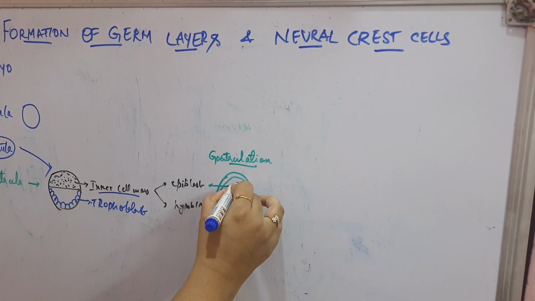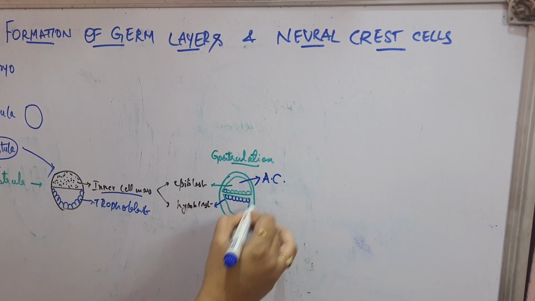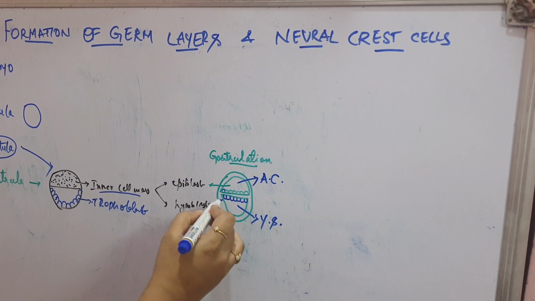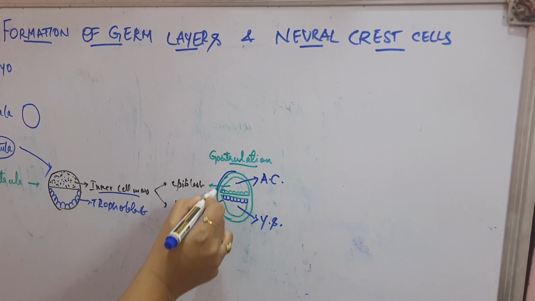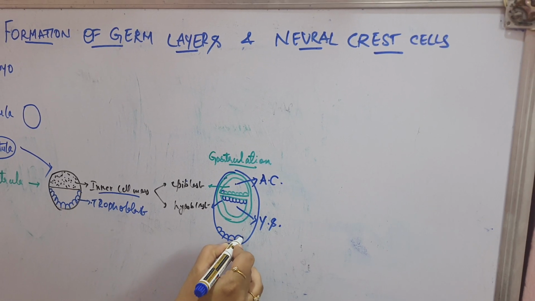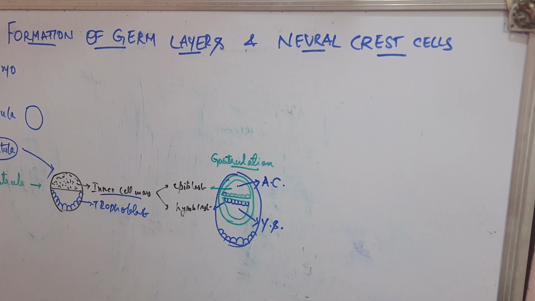So the space by the epiblast here is called the amniotic cavity. This structure is called the yolk sac. And again it has epiblast, hypoblast, and then you will have the trophoblast here. So this is the structure of the embryo during the phase of gastrula.